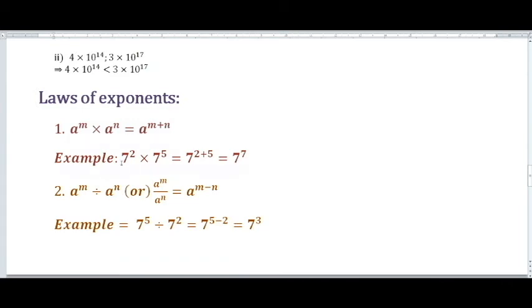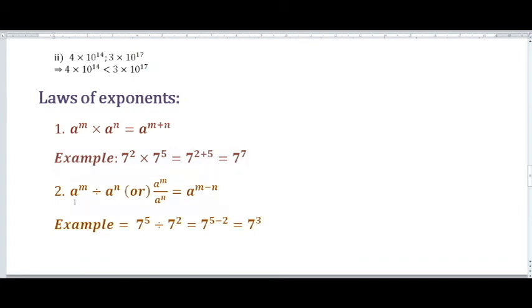As we see in the example here, 7 to the power 2 into 7 to the power 5. That means instead of writing 7 two times, we are writing it one time, so the powers are added up. That is 2 plus 5. So the actual value will be 7 to the power 7.